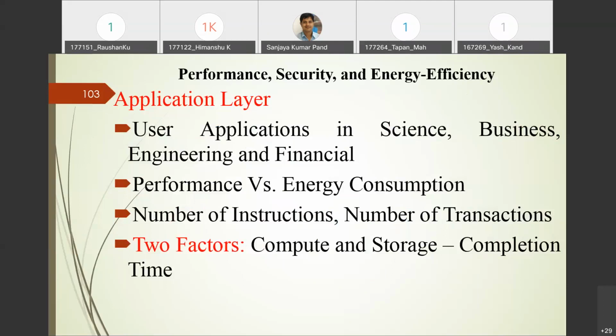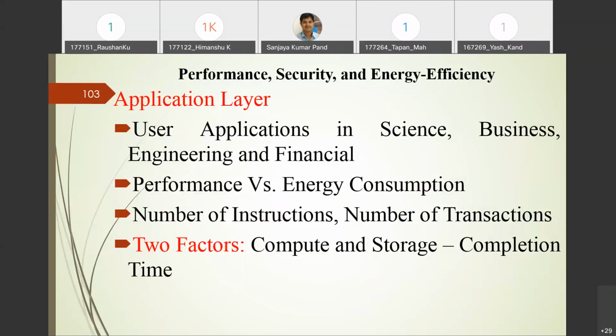If energy is drastically increased, then it is better to switch on another server and migrate some load from the first server, which is busy at 95% utilization, to the other server in order to make the system energy efficient. That's why it focuses on performance versus energy consumption.